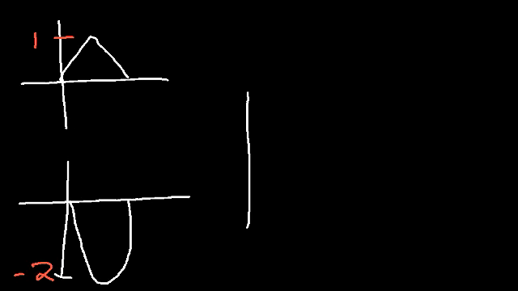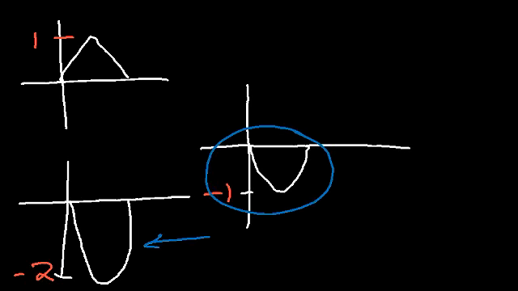According to the principle of superposition, these two waves will add, and so 1 plus -2 is -1. So destructive interference occurs at this point because the amplitude is less than what it was here.